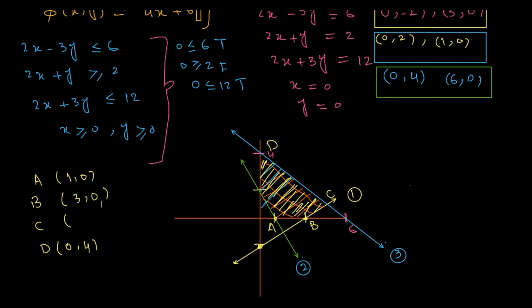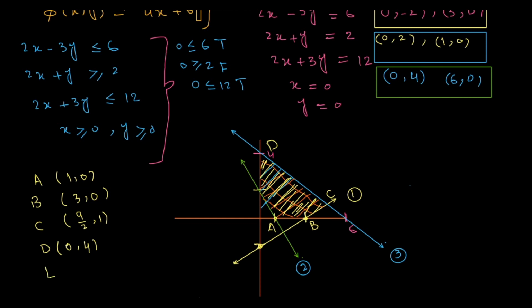And the point C, you can see where point C is. This is your point C, and this point is 4.5 approximately, which can be written as 9 by 2, 1. This point C can be found by the intersection of the first line and the third line. Yes, these are the 4 points.